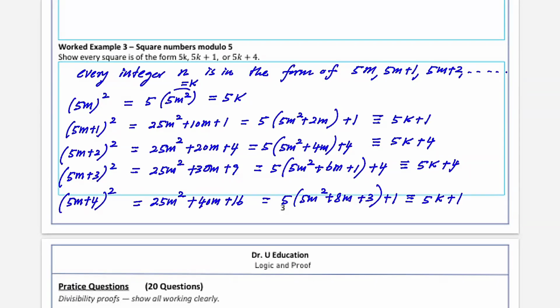So now what is the conclusion? Squares are never of the form 5k plus 2 and 5k plus 3.